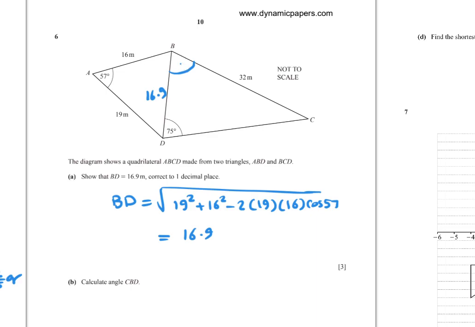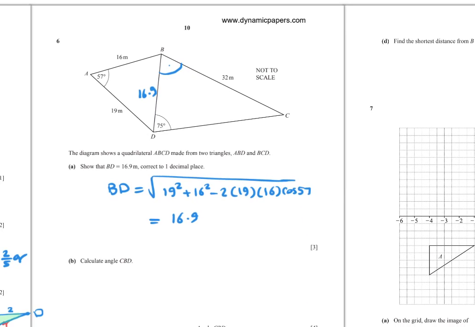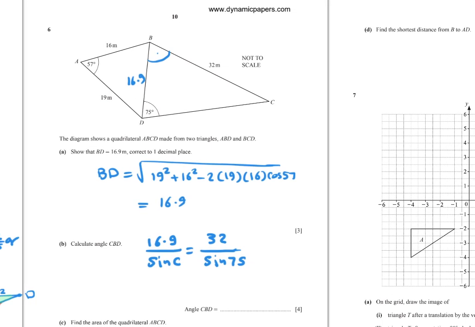So use the sine rule: 16.9 over sine C equals 32 over sine 75. Now sine C equals 16.9 times sine 75 divided by 32, which equals 0.51.